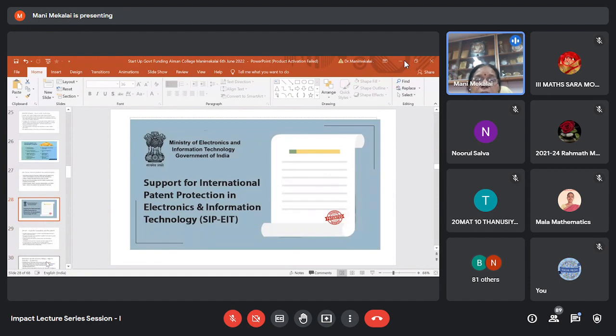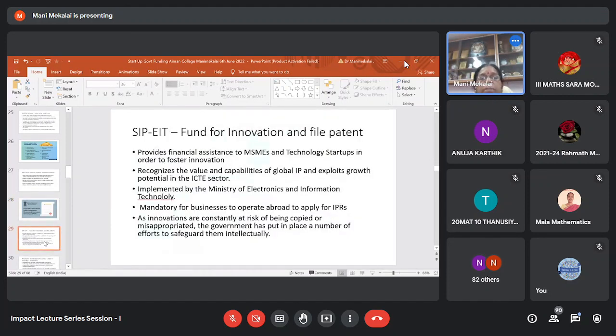Support for International Patent Protection in Electronics and Information Technology, called SIP-EIT. So this provides financial assistance to MSMEs and technology startups to foster innovation. And it recognizes the value and capabilities of global intellectual property and exploits growth potential.